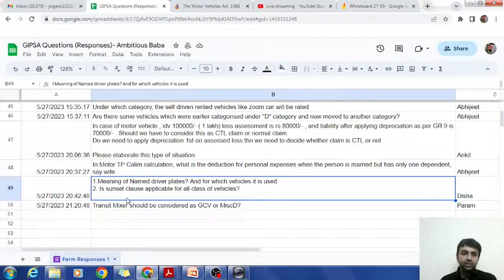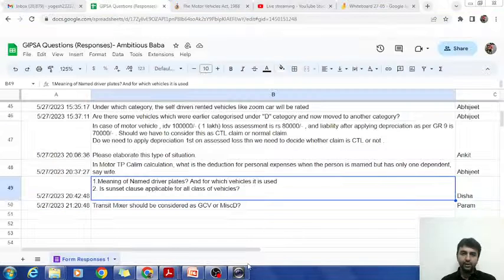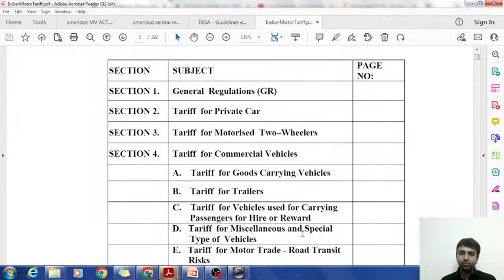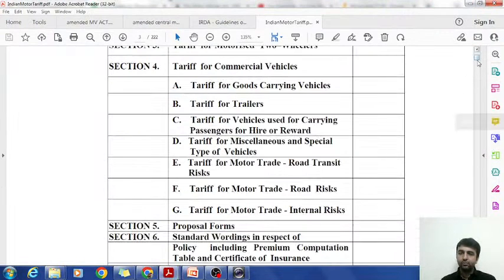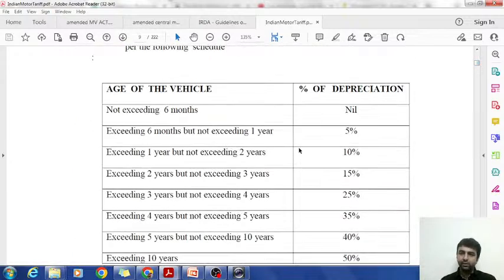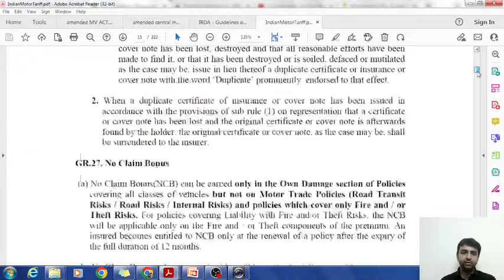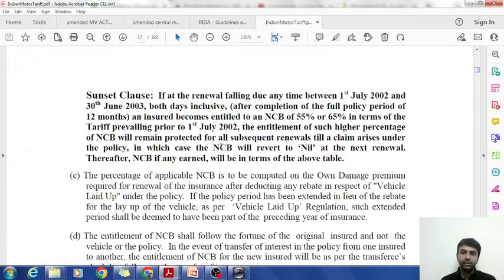Next, is the sunset clause applicable for all classes of vehicle? I need to check. I have a tariff open. Let us check it in the tariff right now. The sunset clause is under GR 17 or GR 27 NCB, right? Here it is.